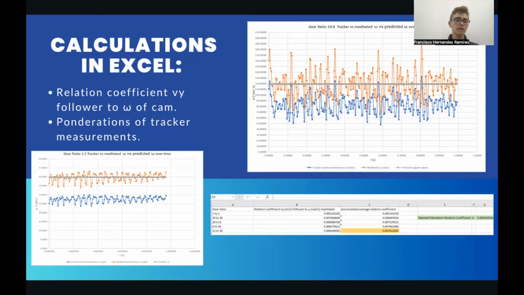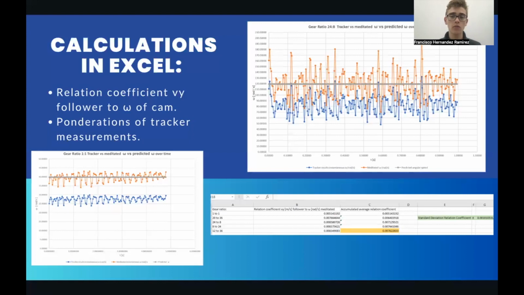We now basically translate it into Excel. Why do we want to translate it into Excel? In the chart on the right, you can see that it has a lot of standard deviation. There's a lot of margin of error, and this is due to several reasons.